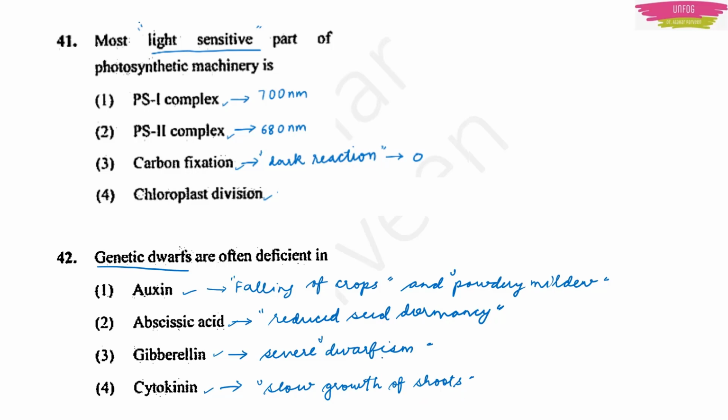In dwarfism the plant will not grow at all. It will remain short in height. But in slow growth of shoots, the shoots of the plants will grow. They will not remain dwarf, but this growth will be very slow. Now he is asking in the question about genetic dwarfs, right? So the answer is option 3, gibberellins, whose deficiency causes severe dwarfism.